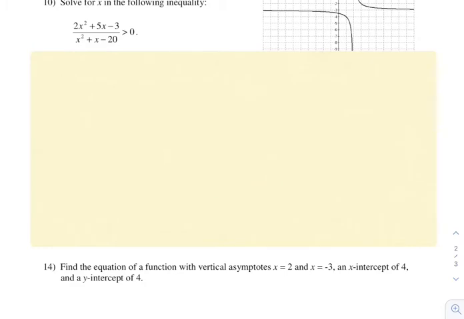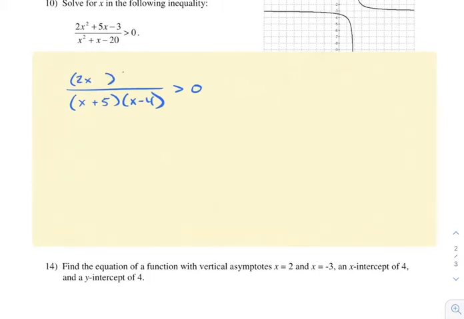So when I factor the top and bottom first, we're going to get on the bottom x plus 5, x minus 4, not equal to, just less than. And on top, when I factor that, we're going to look for two numbers that multiply to -6 and add to 5. We have that. Let me just double check here. Yep. So I want to know when this is greater than 0.